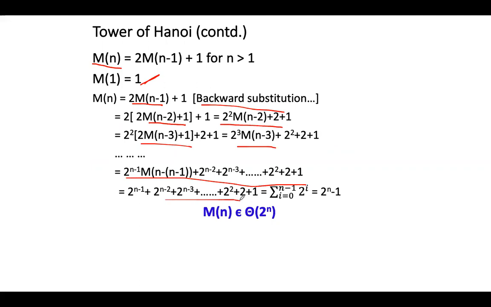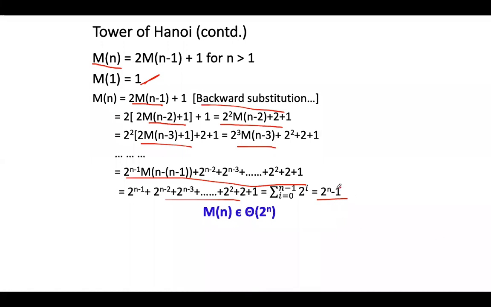In between steps I have not written the mathematical steps here. If you go on substituting, finally we will arrive at 2 to the power of n minus 1 number of times this M of n will be executed. Okay, final value is 2 to the power of n minus 1.